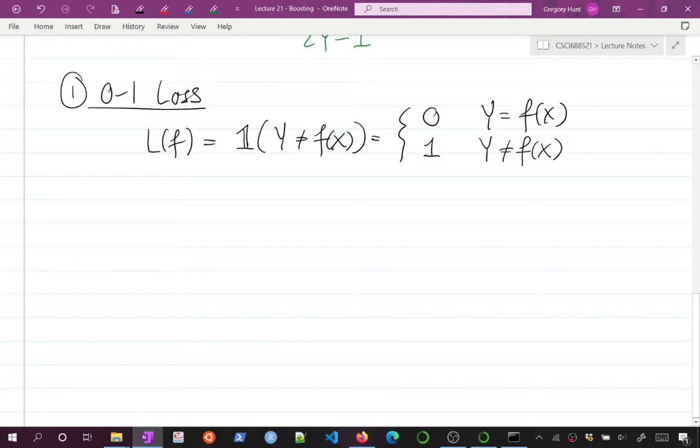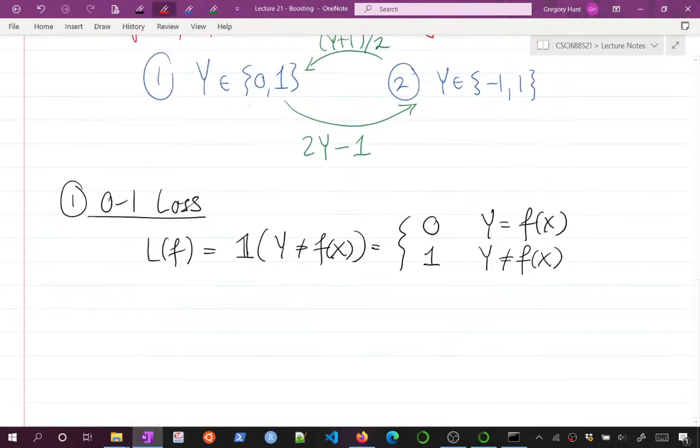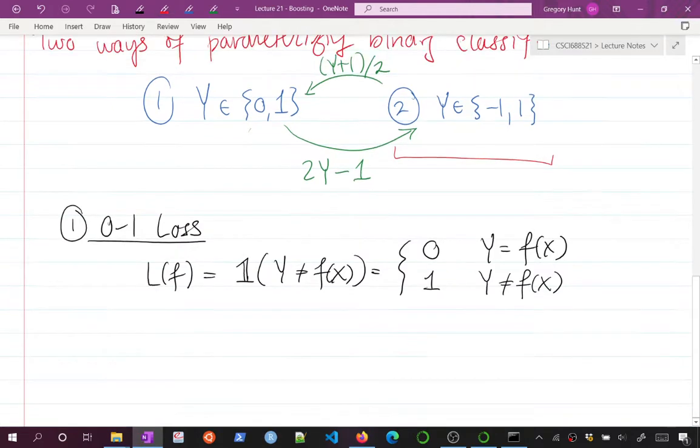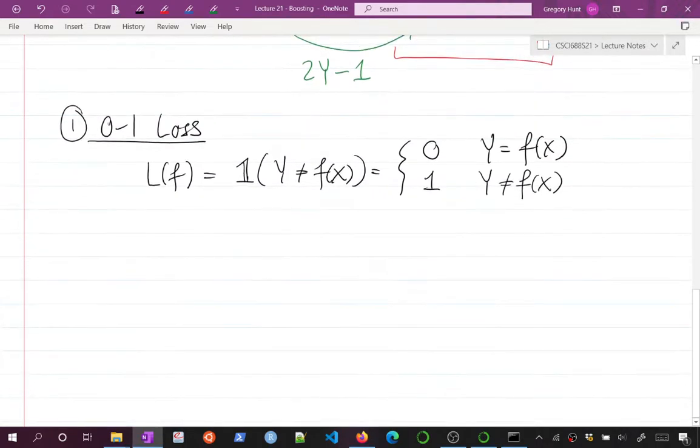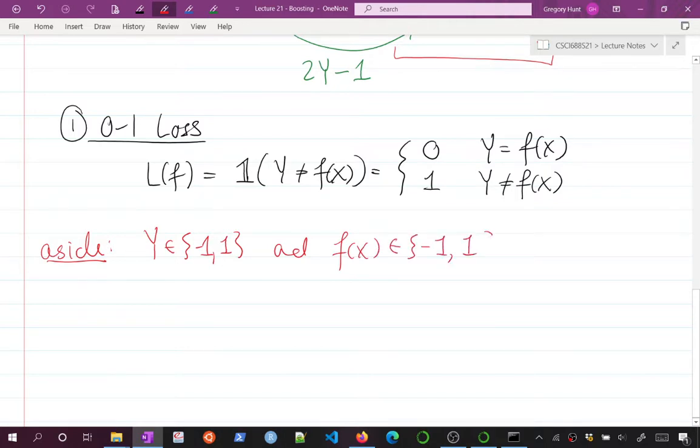Now, what we can notice about our second encoding here, as an aside, is this. Y is either -1 or 1, and f of x is also predicting in this class. So f of x is either -1 or 1, because it's predicting one of these two classes.